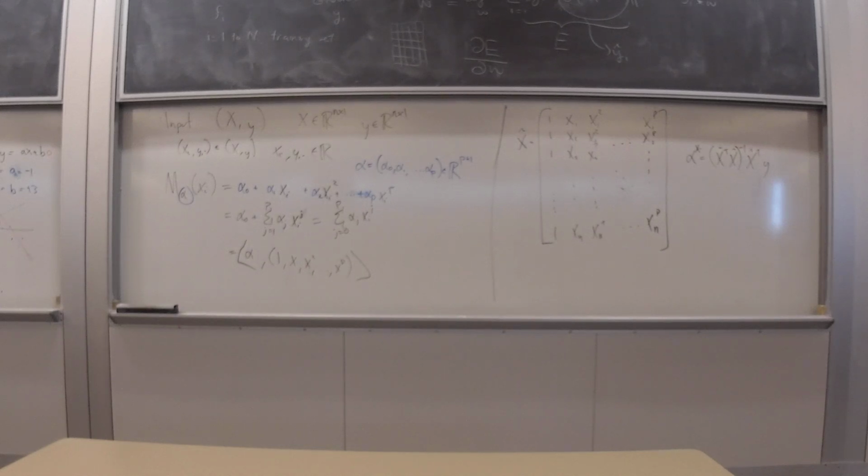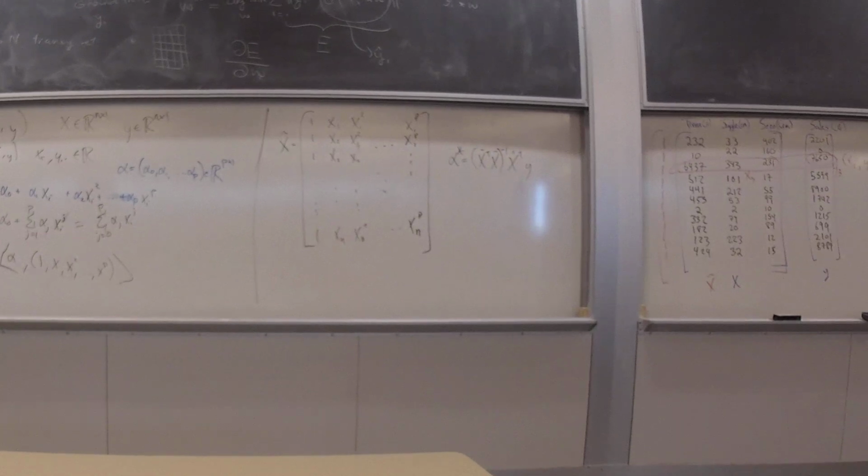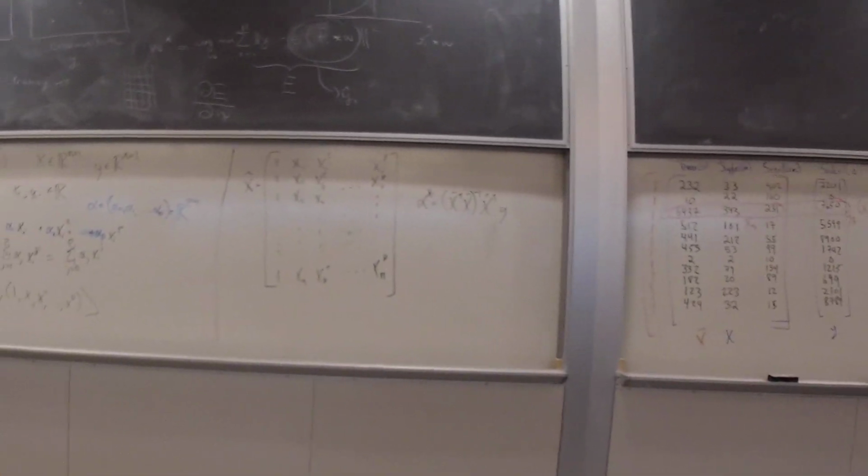the goal here is to find alpha star, which is the arg min over alpha of the sum from i equals 1 to n of the model alpha x i minus y i, squared, right? So we have the same sum of squared errors as before, which is equivalent to the norm of x tilde alpha minus y, squared.